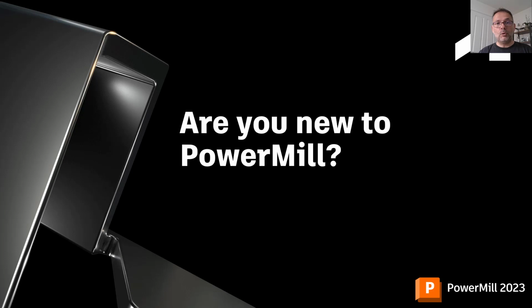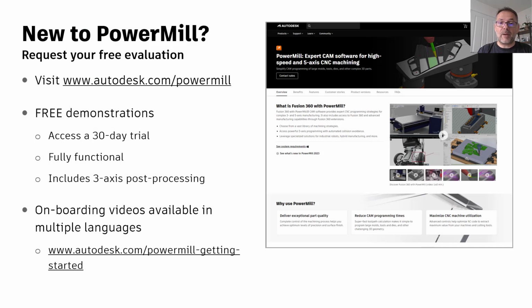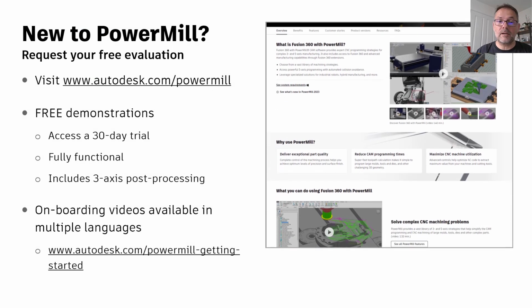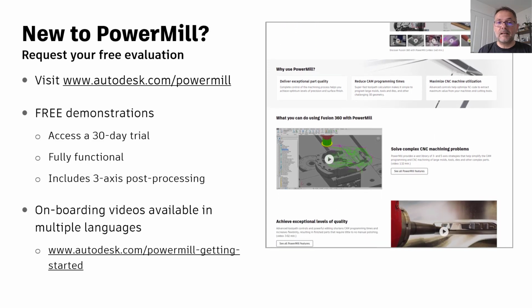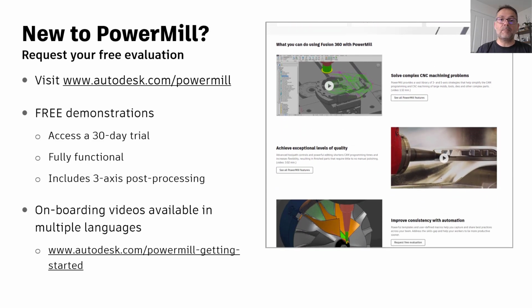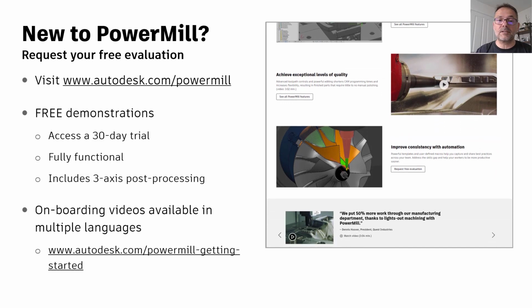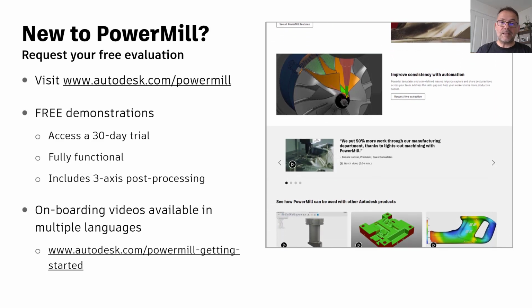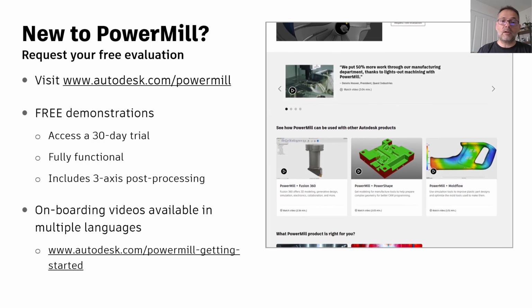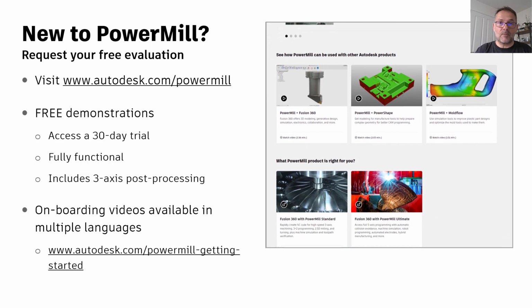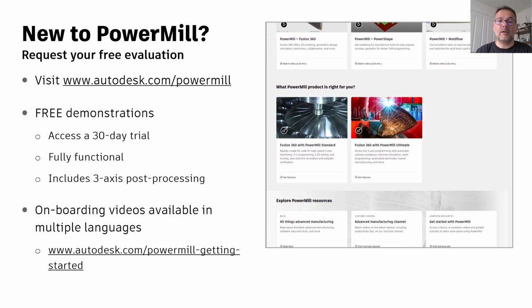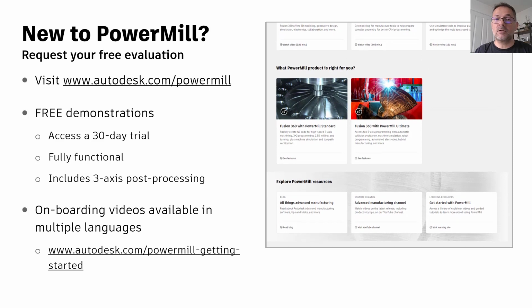Now, what if you're new to PowerMill? You've never used PowerMill before, but you're interested in learning more. Well, I would recommend that you visit the PowerMill Product Center or website. This has recently been updated to include a whole host of updated, refreshed, and new video content to talk about PowerMill, its capabilities, how PowerMill can be used alongside the Fusion 360 product, because obviously Fusion comes with PowerMill, and also a list of customer stories so you can see how other customers are making a difference to their business with the PowerMill product.